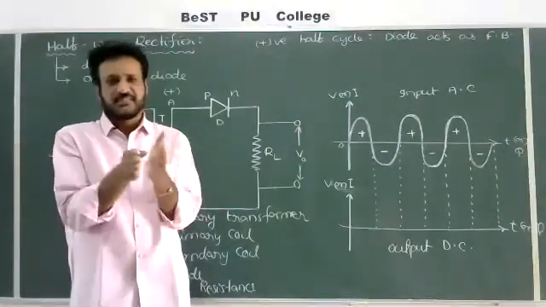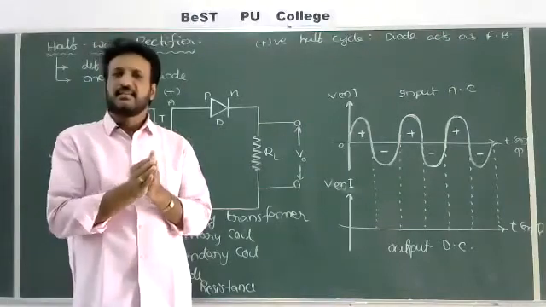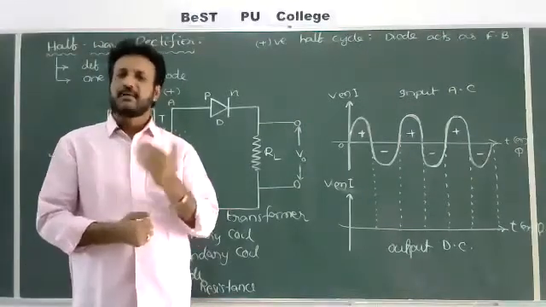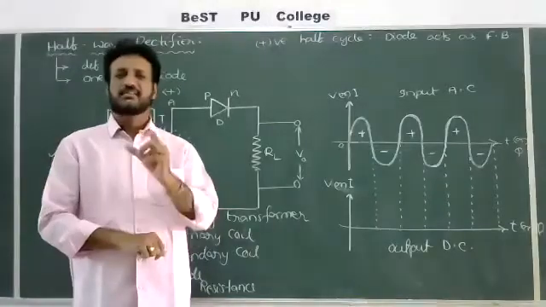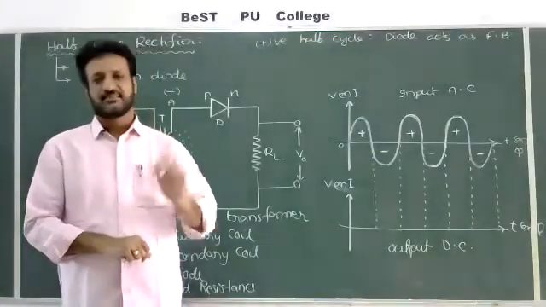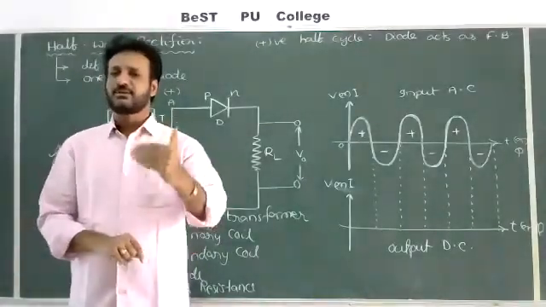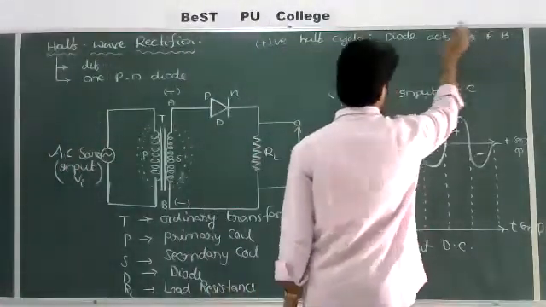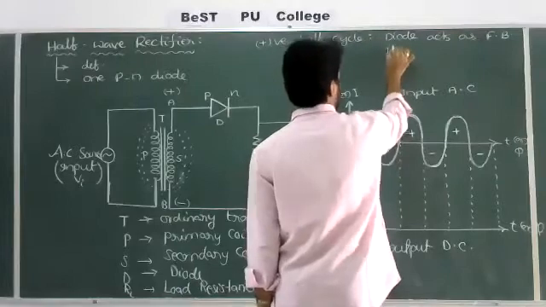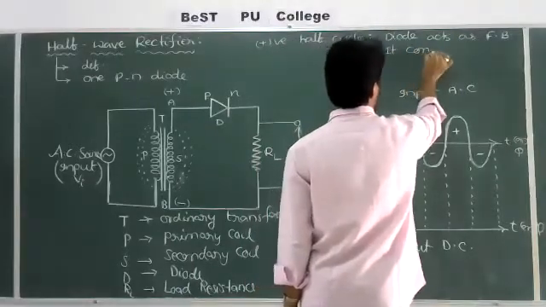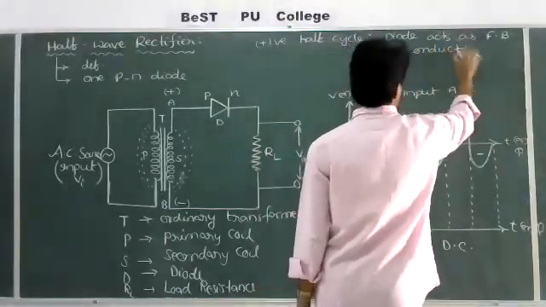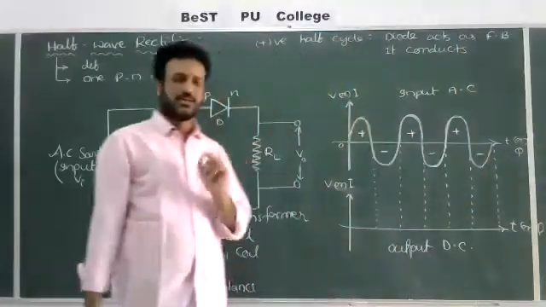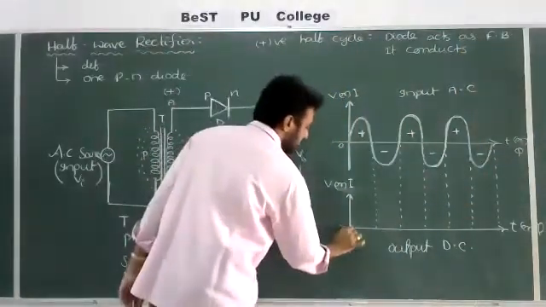They compress the junction, and automatically the thickness of the depletion layer, the barrier potential, and the resistance of the circuit decrease, and then current flows through the circuit. So the diode acts as forward biased, it conducts, or it allows the current to flow through it. Whenever current is flowing through the diode, we get the current here like this.